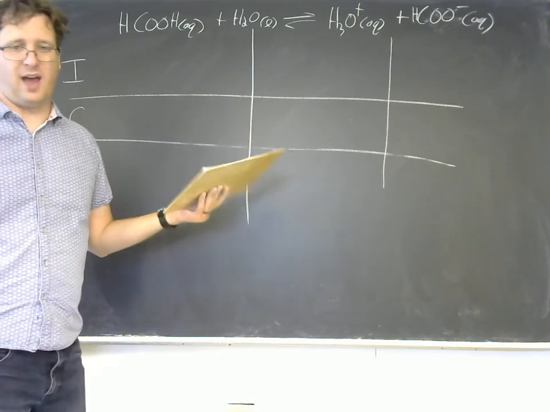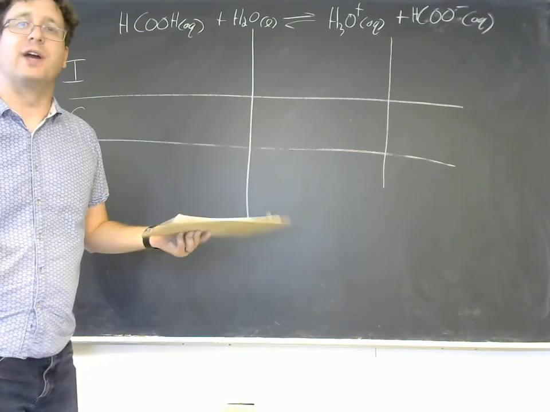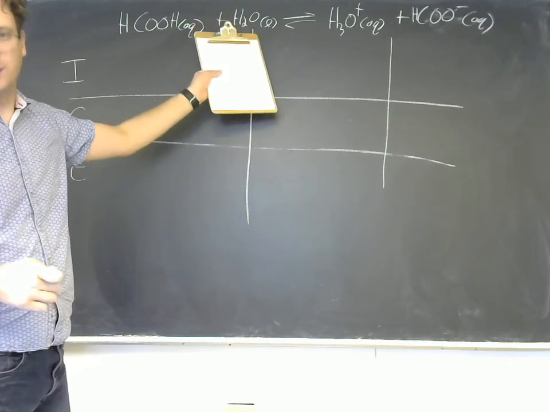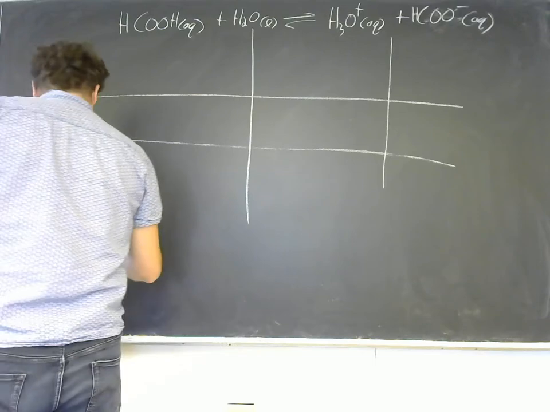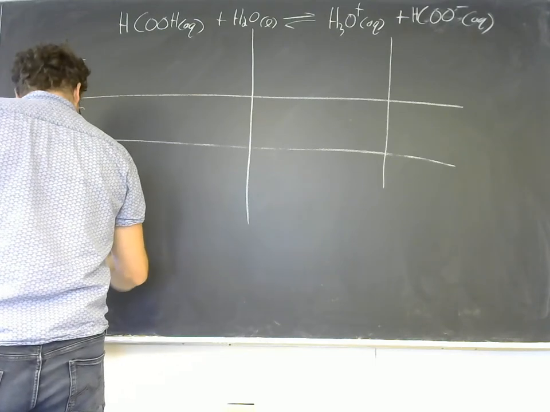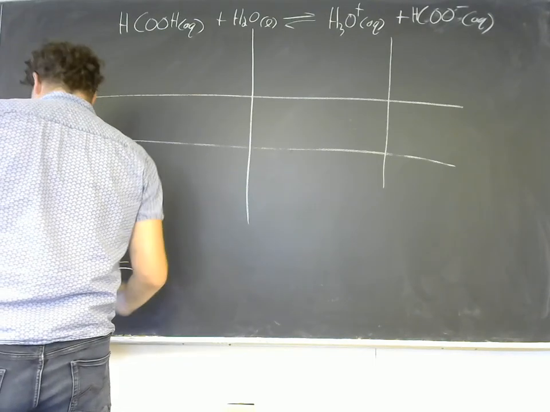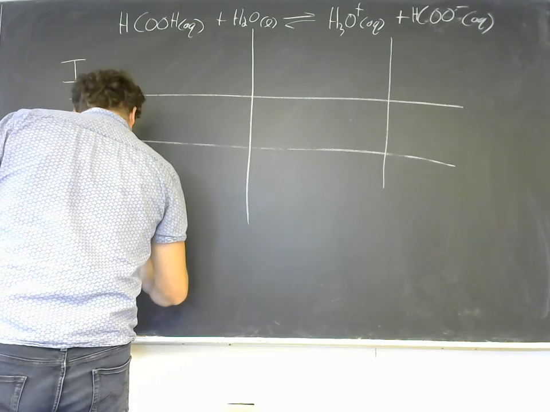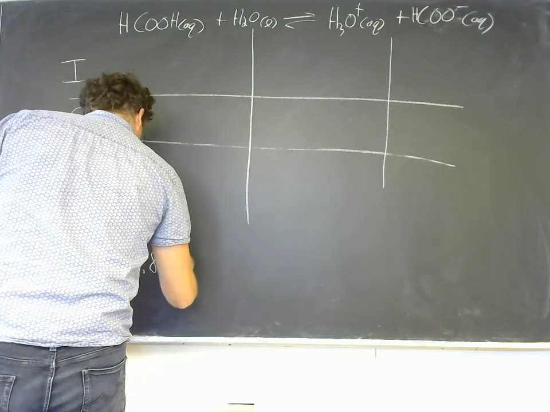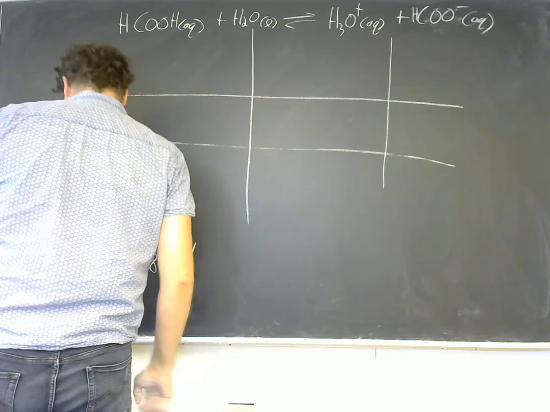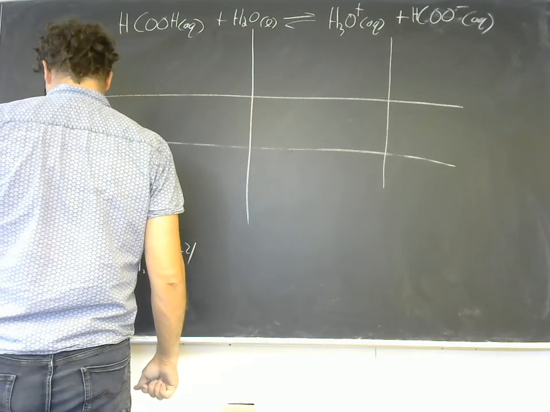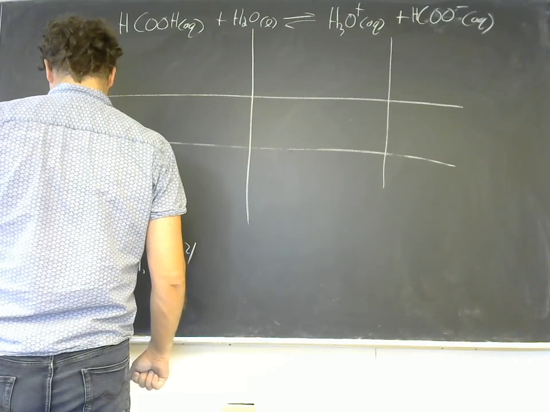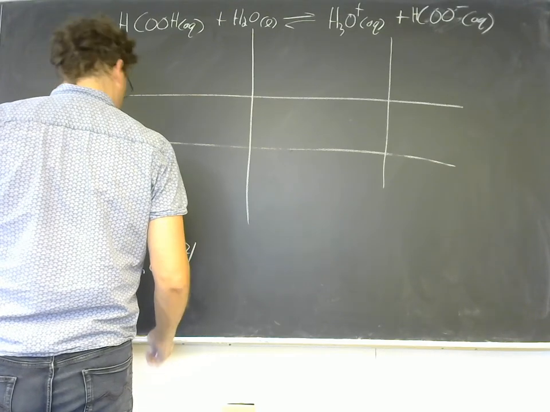Indeed, we don't ever calculate it or know it, because water is a pure liquid solvent in this case. It won't show up. And our Kc is 1.8 times 10 to the negative 4. I'm pretty sure that will work.